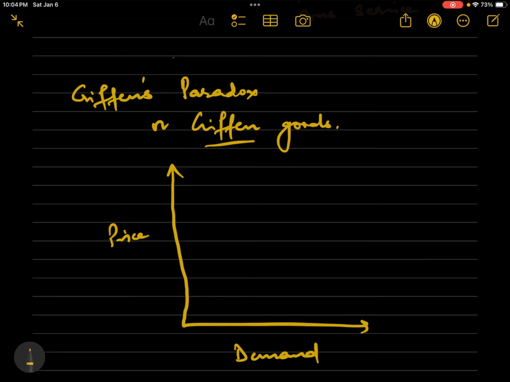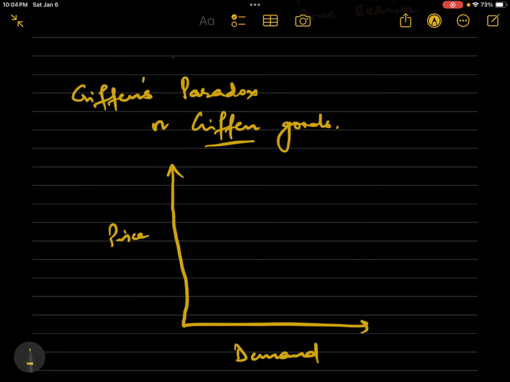Now Giffen goods are again related to, children get confused between Giffen goods and inferior goods. So what are Giffen goods? First let's understand that. The Giffen goods are special kind of inferior goods on which the consumer spends a large part of his income and their demand rises with an increase in price and falls with decrease in price. So what is happening here?